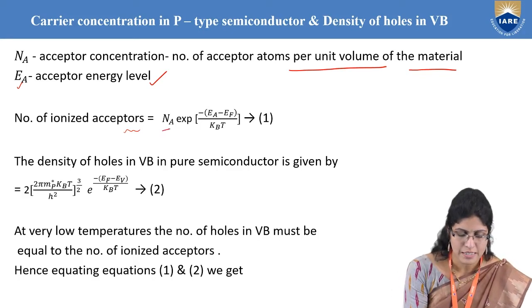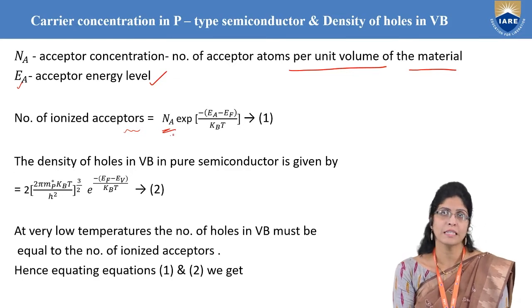So the acceptor atoms you need per unit volume is Na.